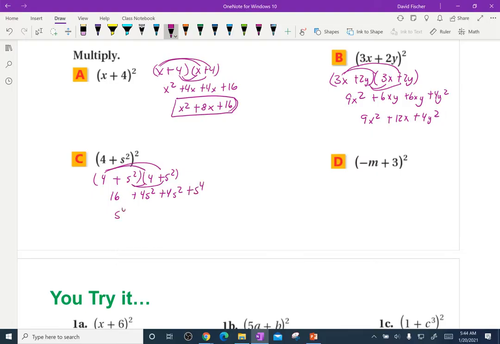Put it in standard form. And let's do the last one. Now you're probably saying in your head, why is he making us do this? There's nothing new here. This is what we've been doing for the last couple of days. Stick with me.